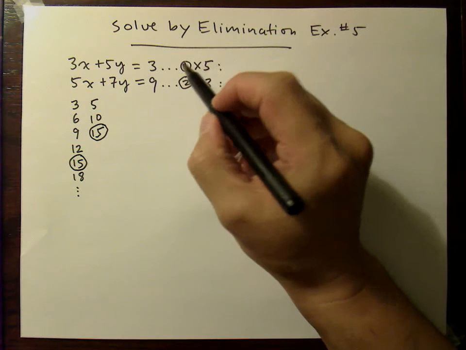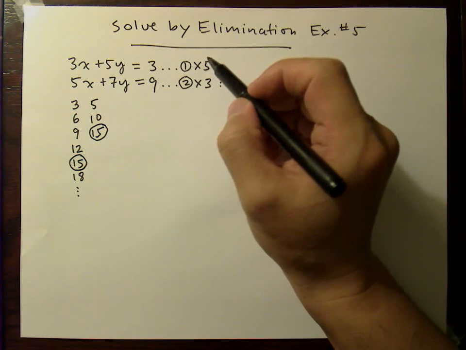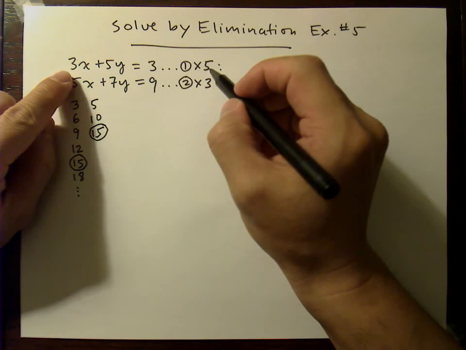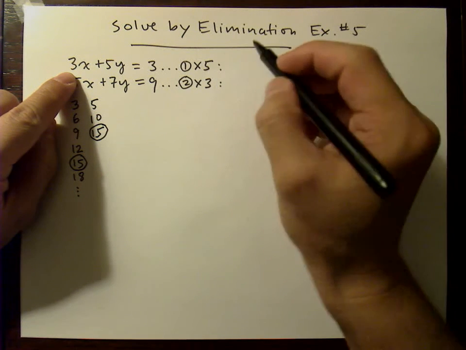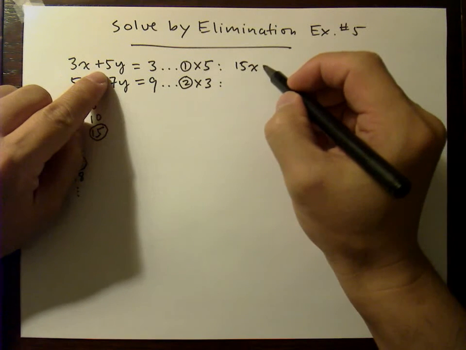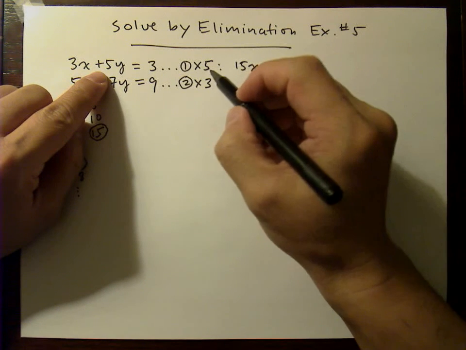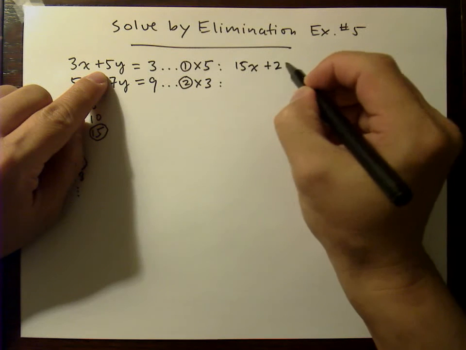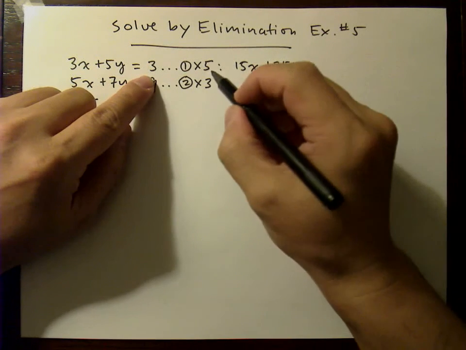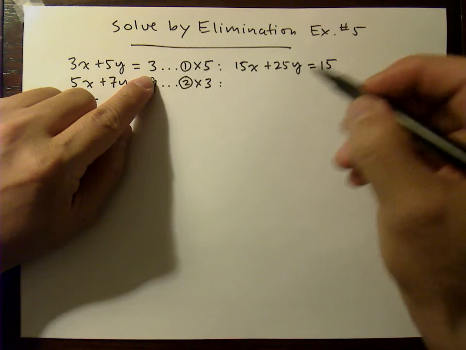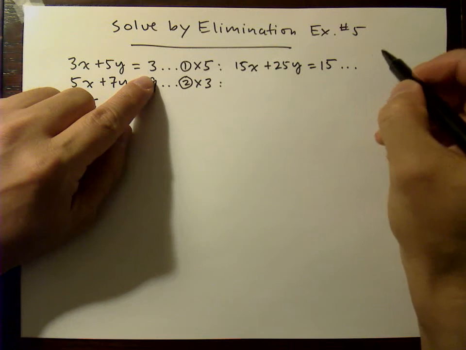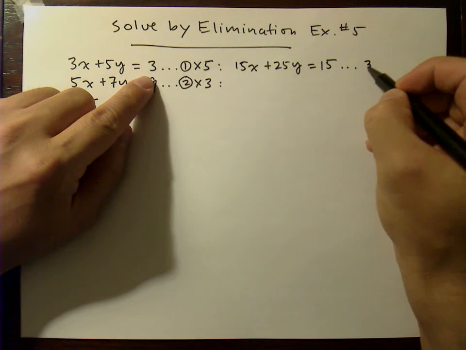If we multiply the first equation by 5, then we'd have to multiply each term by 5. So 3x times 5 is 15x, plus 5y times 5 is plus 25y, equals 3 times 5 is 15. Since this is a new equation, we'll label that as equation 3.